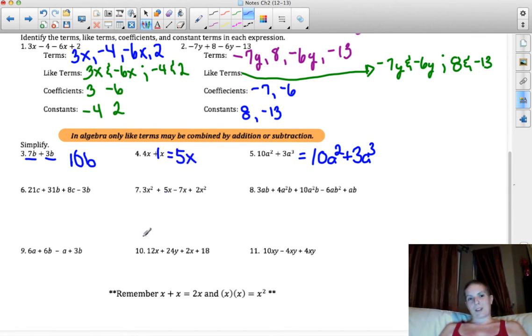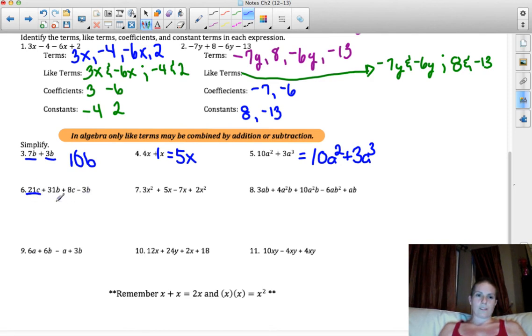Alright, the next row is just a little bit more difficult, although this concept stays exactly the same. We go in alphabetical order. I like to use these underlines to identify which ones are my like terms.